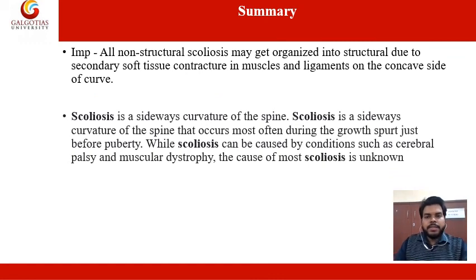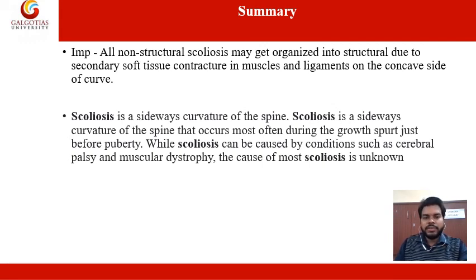Okay, let's summarize our presentation. So very important, all the non-structural scoliosis may get organized into structural due to secondary soft tissue changes in the muscles and the ligament on the concave side of the curve. That is the important factor. And the scoliosis is a sideways curvature of the spine or the lateral curvature of the spine, as we know.